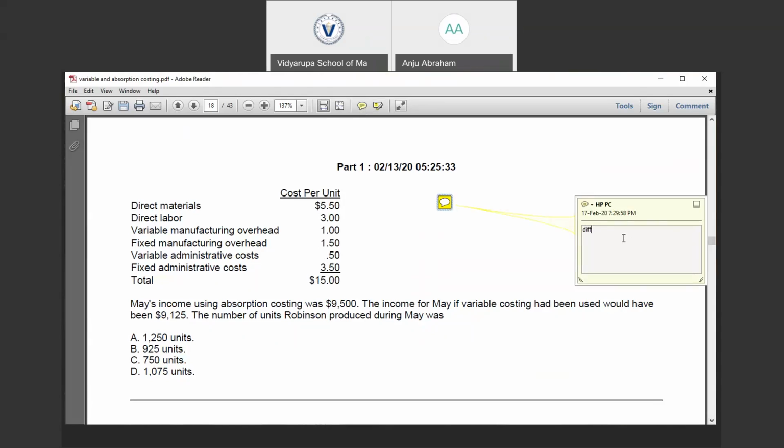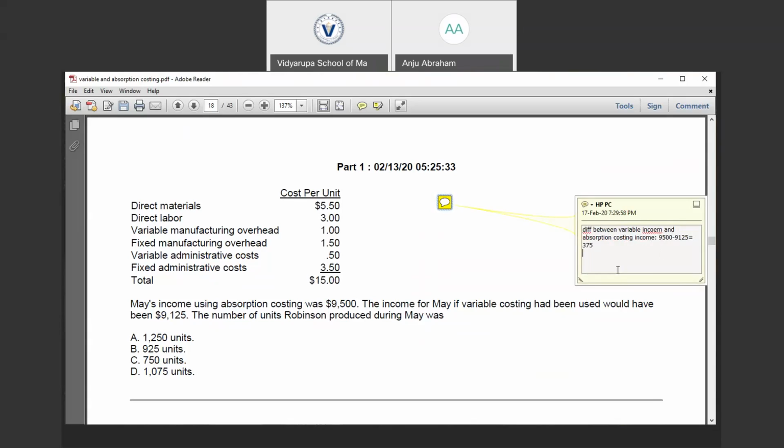The difference between variable costing income and absorption costing income is 375. So the absorption costing income is greater. That means production exceeds sales.